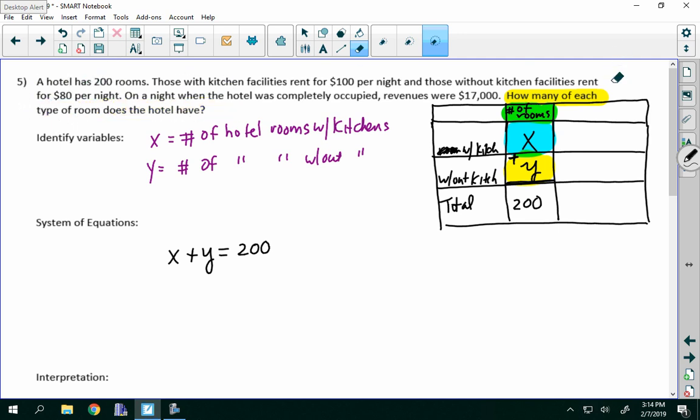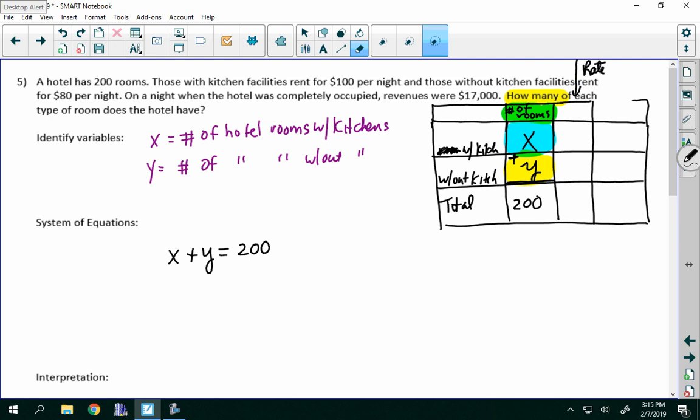Okay. And the revenue is gotten by taking the number of rooms times the cost per room, depending on what type of room you have. So the next thing we want to do is put in our rate. This middle column here is for our rate.